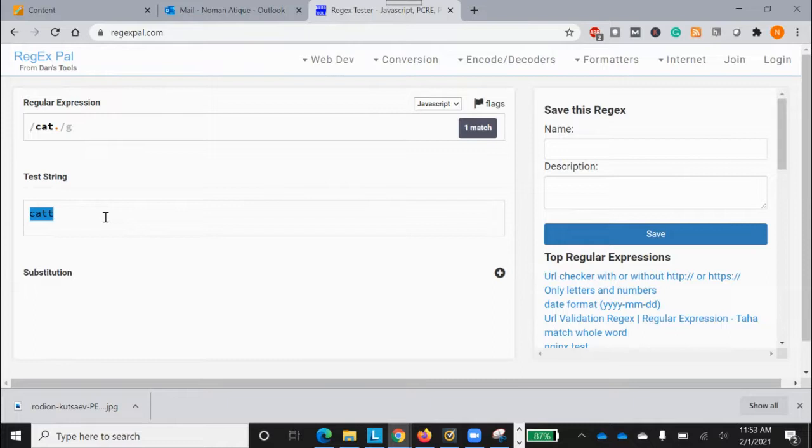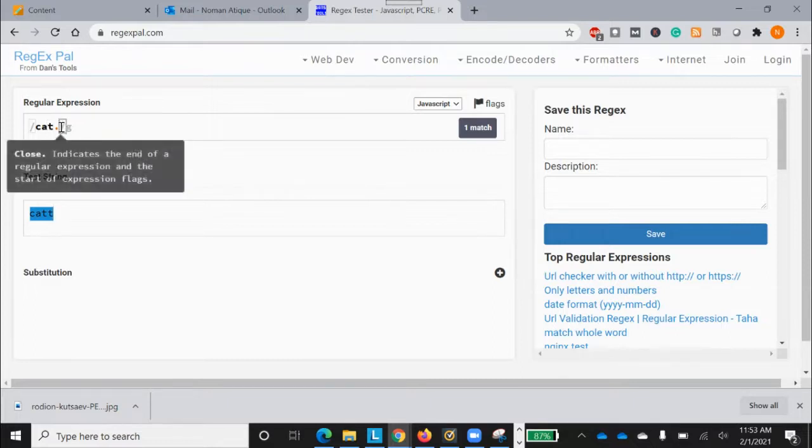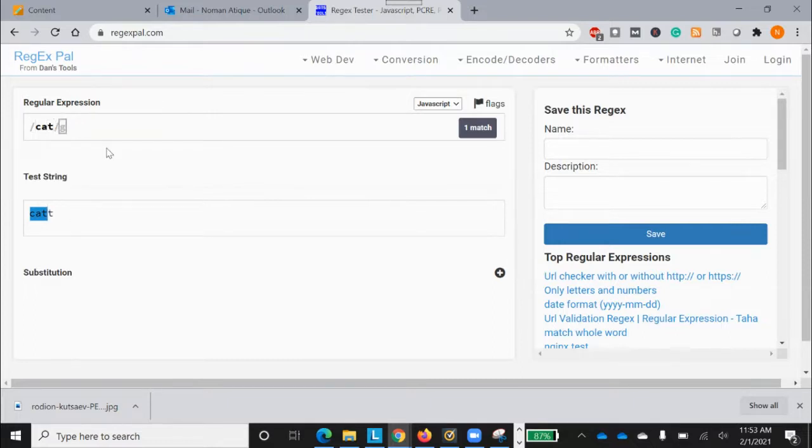Okay, what if I want to say that cat can be followed by, for example, S. If I write S, it would be recognized. And maybe I want cat to be recognized with S or G, for example two characters. So now to do that, come here and make square brackets and write down G or whatever.